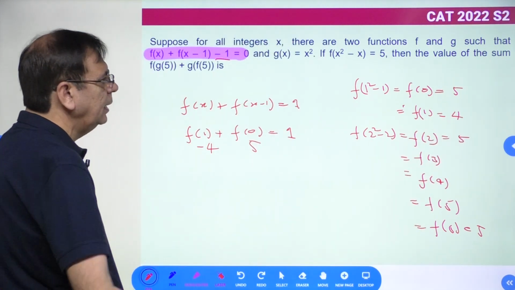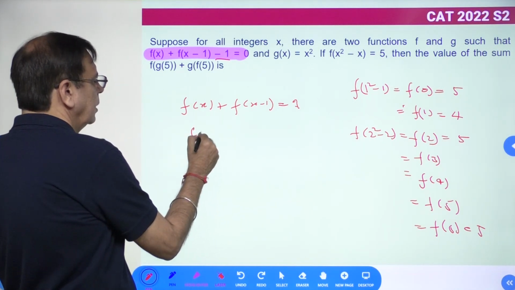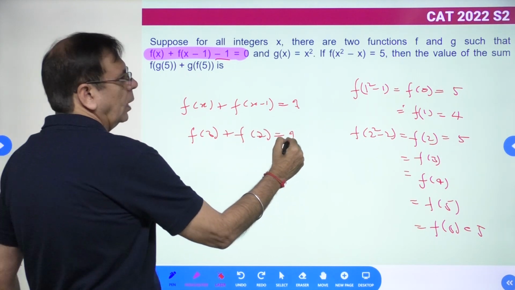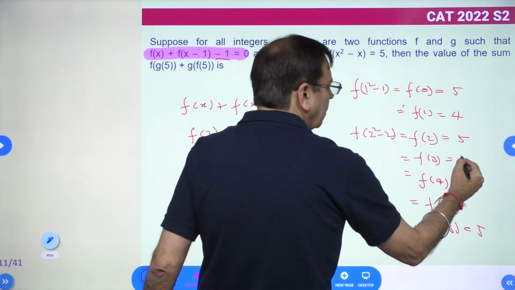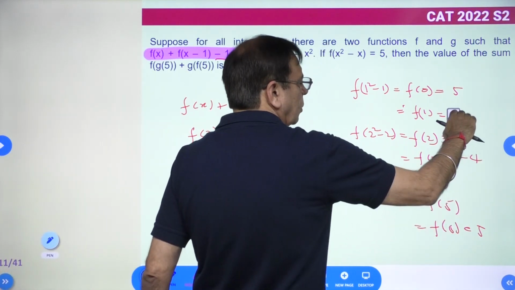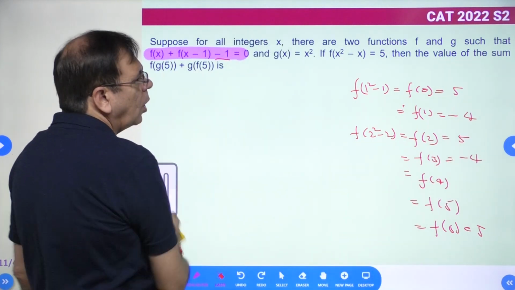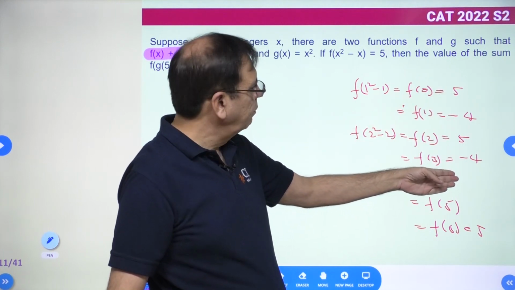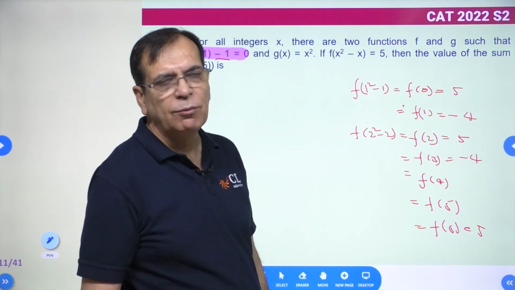Similarly, let's look at f3. f3 plus f2 is equal to 0. f2 is 5, so f3 will be minus 5. I have found my pattern. All odd: if x is odd, the value is going to be minus 5. If x is even, the value will be 5.